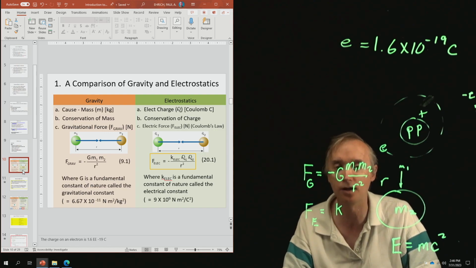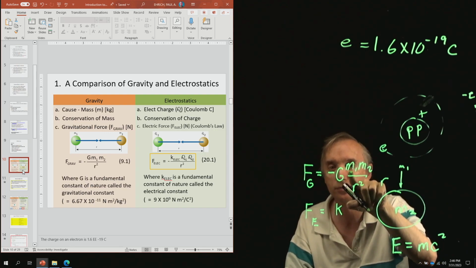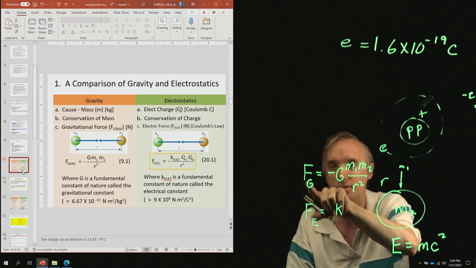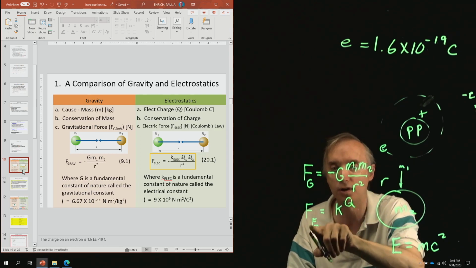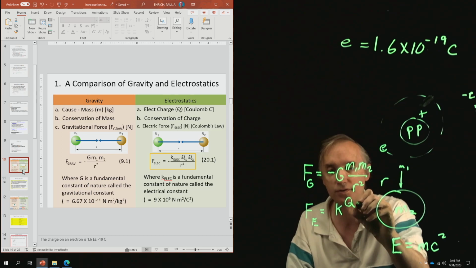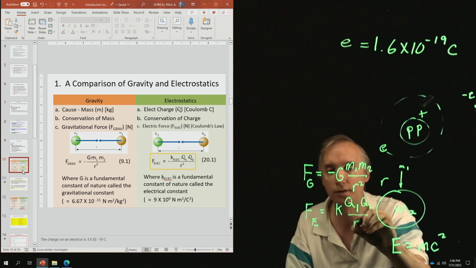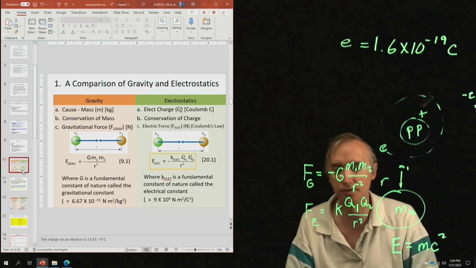It is a fundamental constant, and then instead of masses, we're going to use charges. Mass causes gravity, electrical charge Q causes electricity. So this time we're going to have Q1 and then Q2, and then we're going to divide it by R squared. So notice how similar the two formulas are.